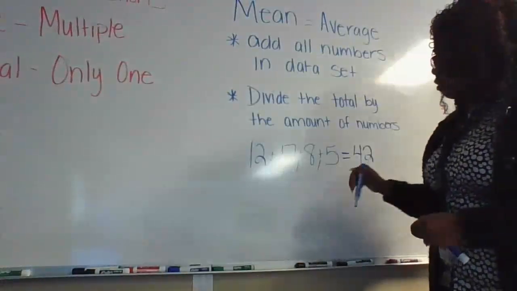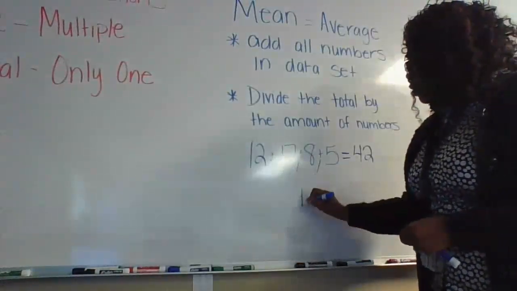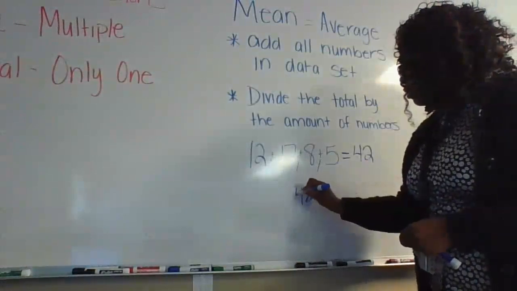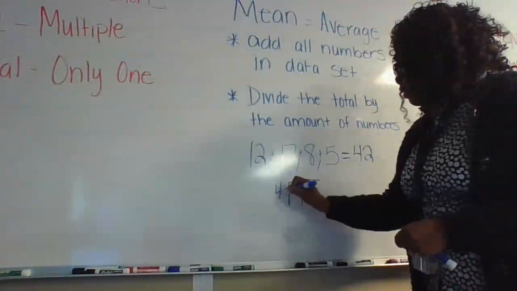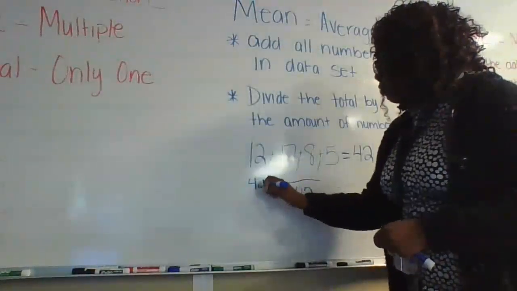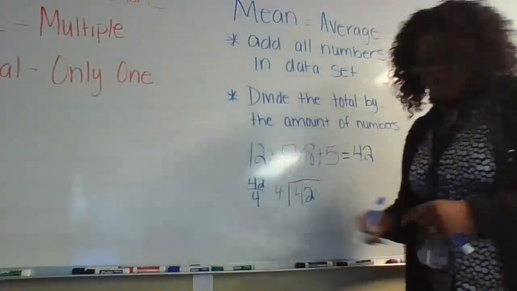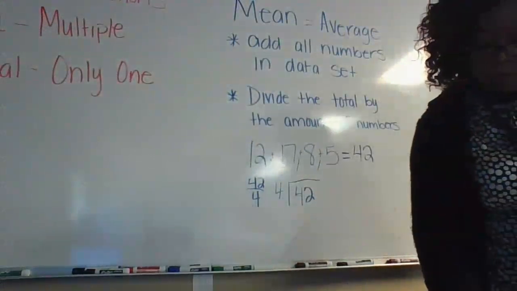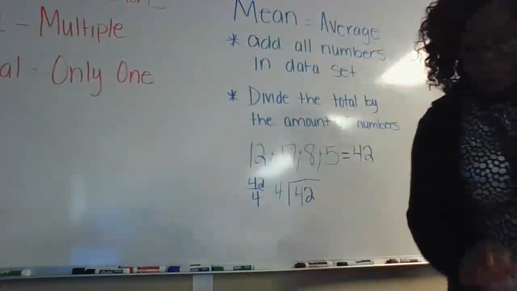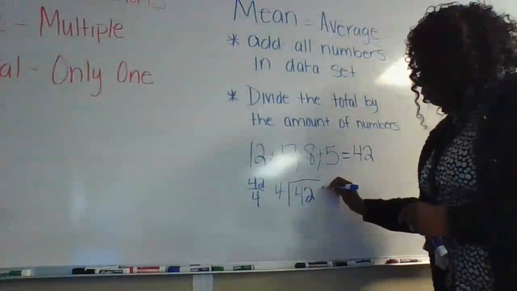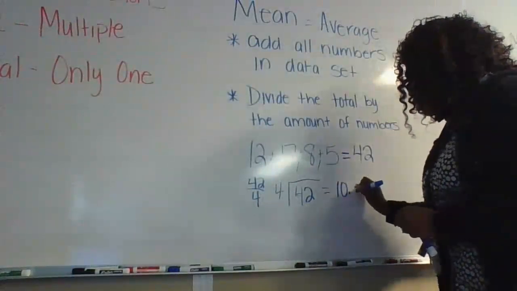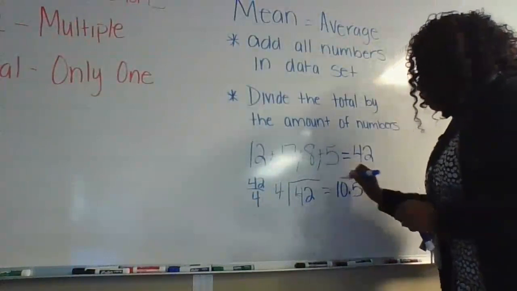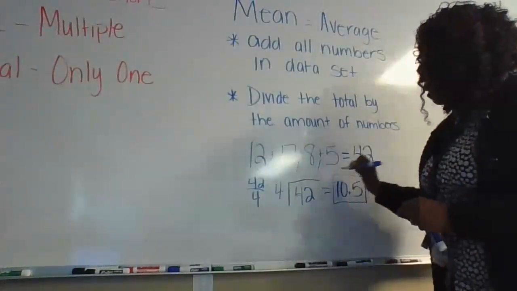So we're going to take our total of 42 and divide it by 4. You can do it that way, or you can use a fraction with 4. Either way is fine. And so when we do that, we get 10.5. So our average for this one is 10.5.